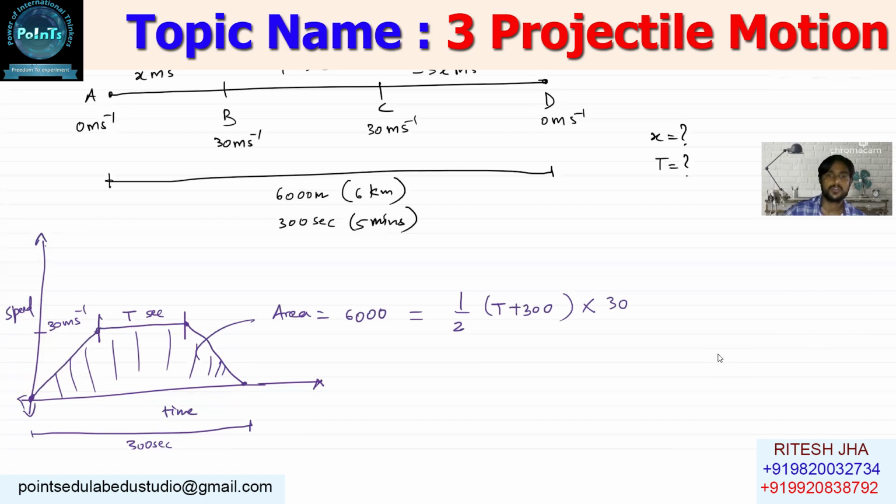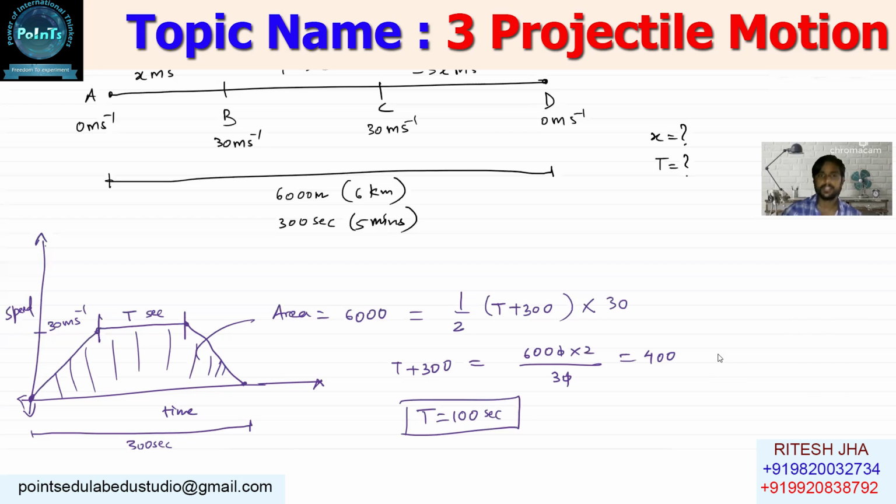Very good. So with that, we get t plus 300 is equal to 6,000 into 2 divided by 30. So what do we get in that case? This is equal to 400. So we get t is equal to 100 seconds. So we got t. Easy, isn't it?